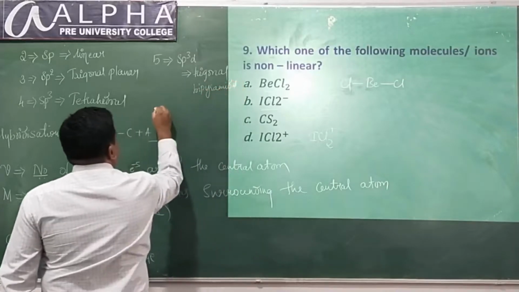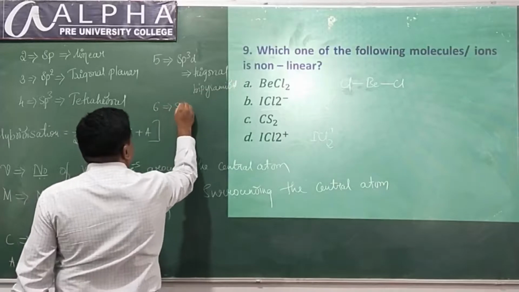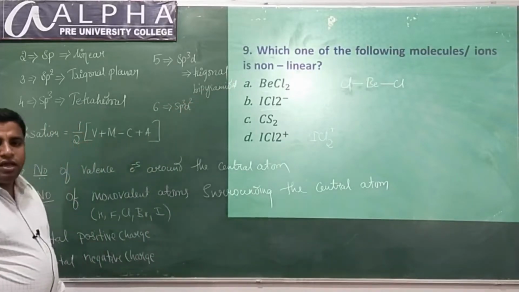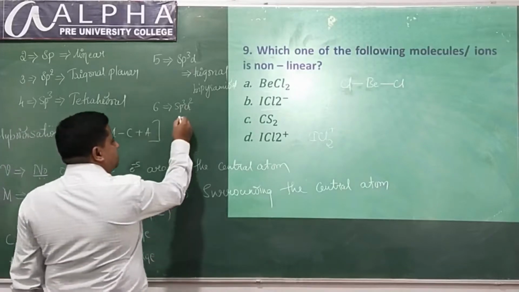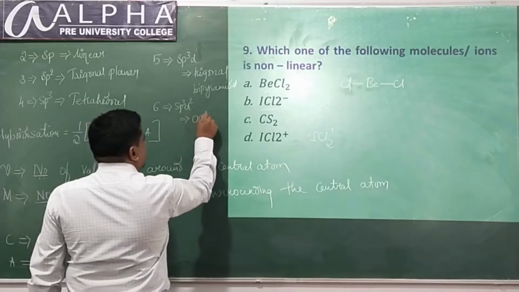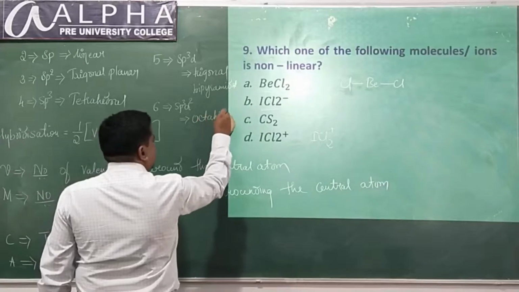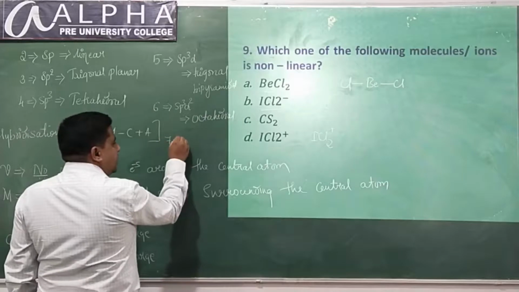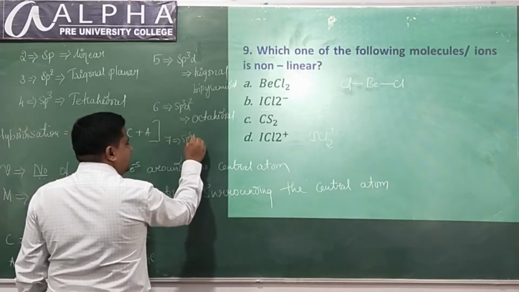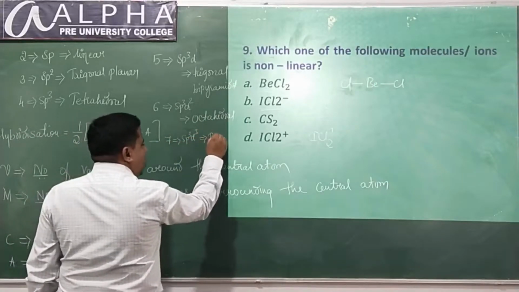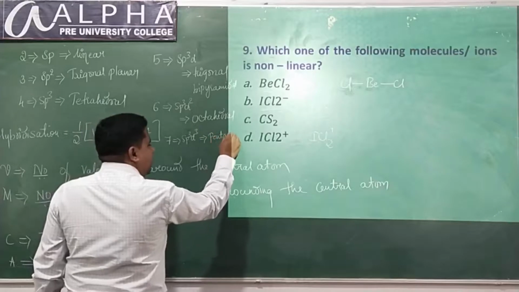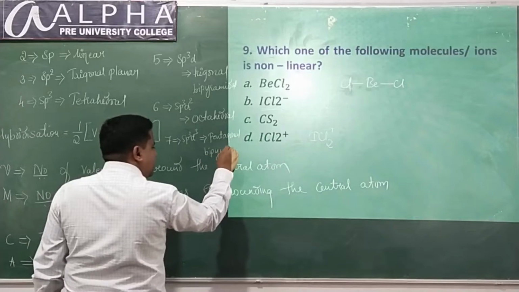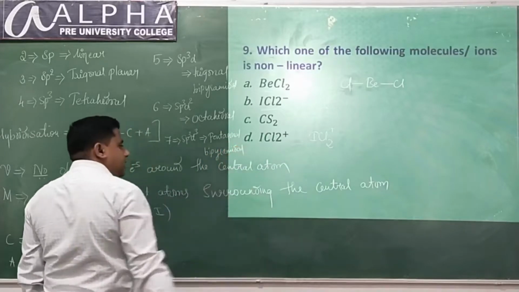Then if you get 6 as the answer, it is sp3d2 hybridization, which means octahedral geometry, and if you get 7 as the answer, sp3d3 hybridization means pentagonal bipyramidal. Are you getting it? Pentagonal bipyramidal.